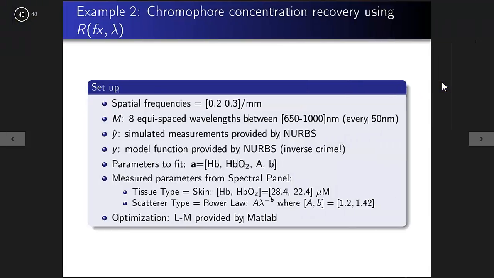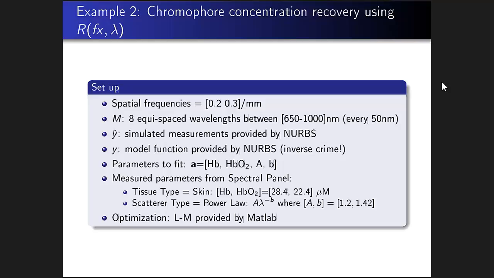So now I'll shift to another problem in which we're going to try to find chromophore concentration using spatial frequency reflectance and wavelength dependence. I've chosen these two spatial frequencies, 8 wavelengths in this range, equispaced.